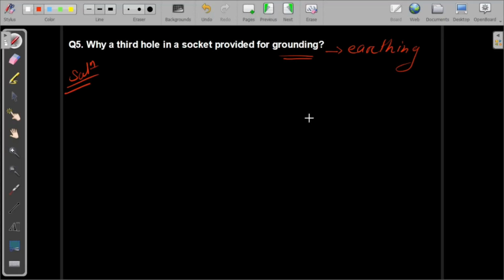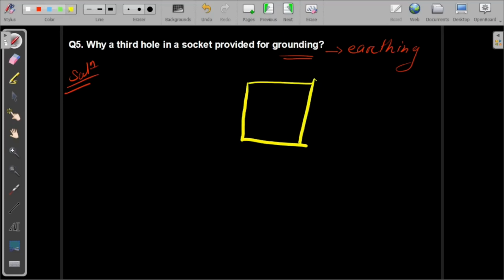Suppose this is our socket. In a socket, how many holes are there?